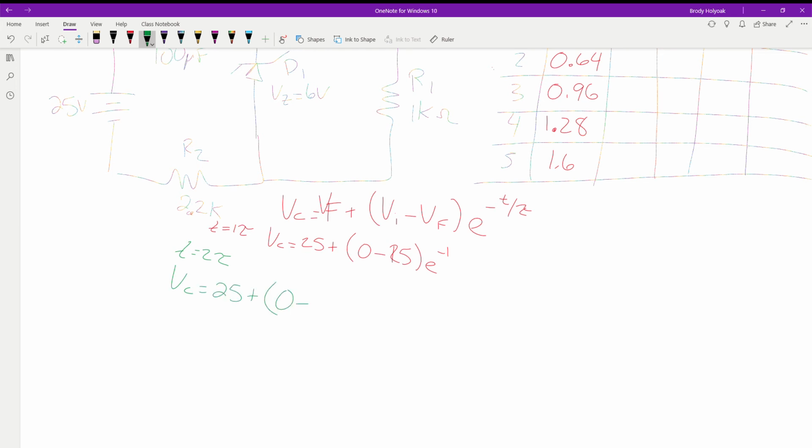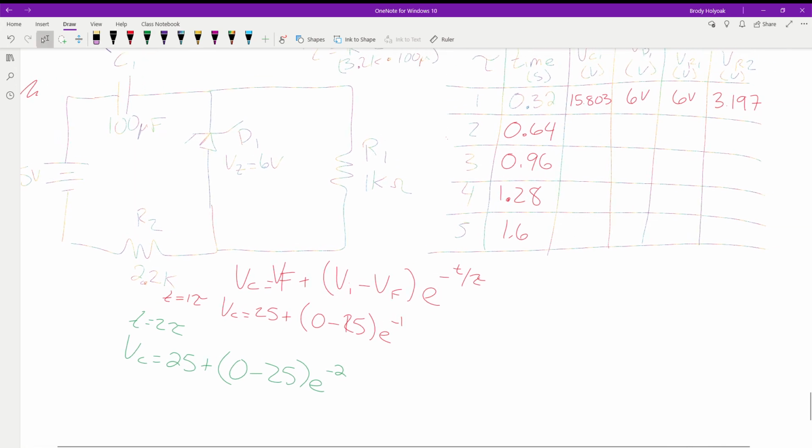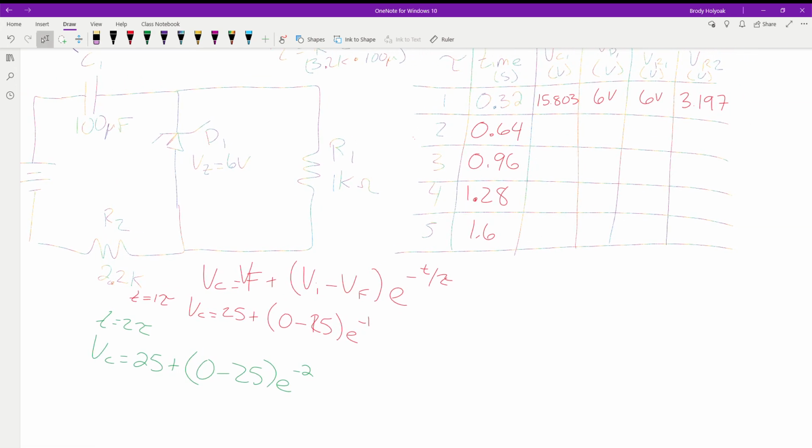We're starting at 0. Only this time, it's e to the -2. So what do we get for this voltage? 21.167.